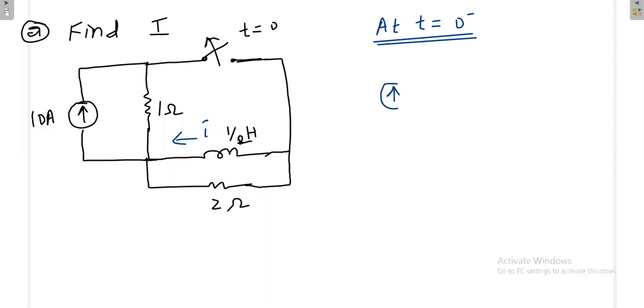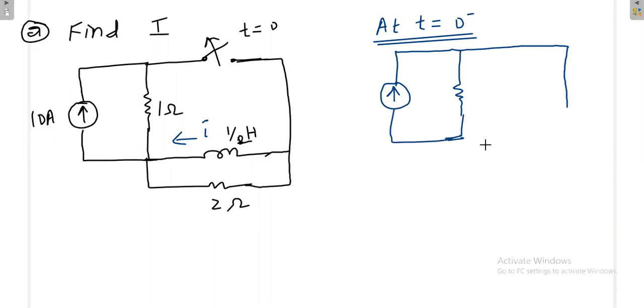The state of the circuit would be something, again, this is like a short, and this resistance will be there. Now I have to write the inductor here. Just before opening the switch, that means exactly at t is equal to 0 minus, what is the state of the circuit? Anybody? Is it in the transient condition or steady state?